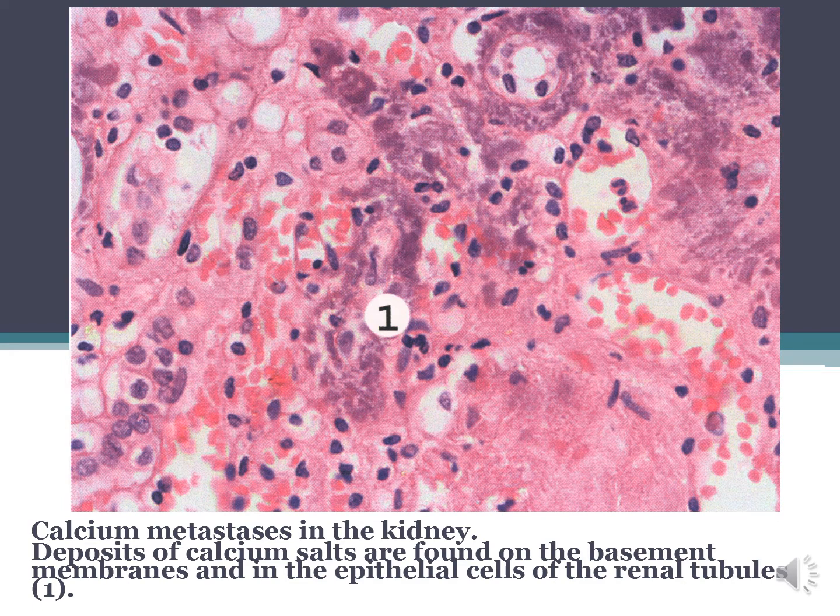You must remember that metastatic calcification is commonly detected in the lung, kidney, and heart. So deposits of calcium here are found on the basement membranes and in the epithelial cells of the renal tubules. So all these violet bluish areas are accompanied by calcium salt accumulations.